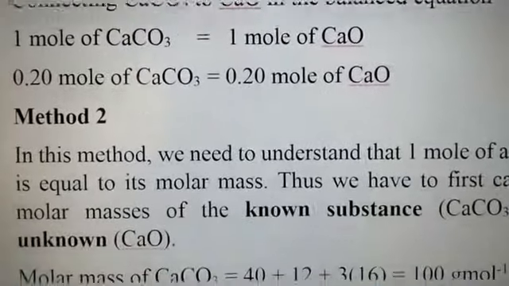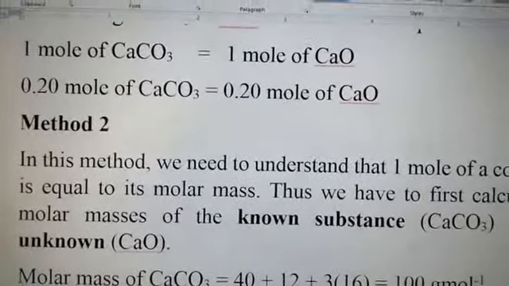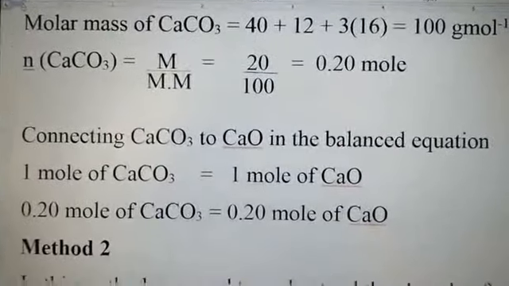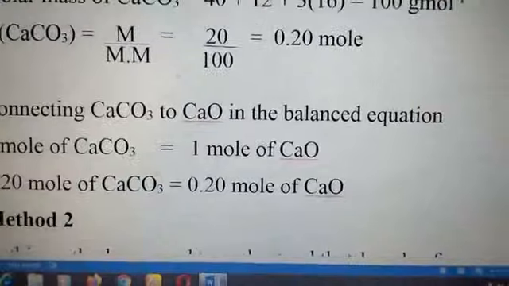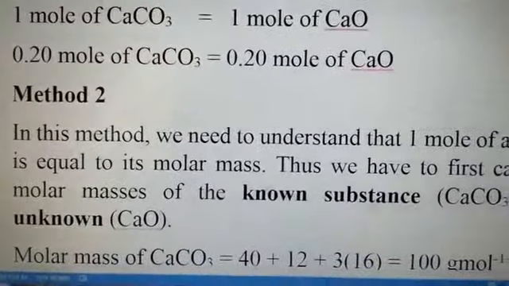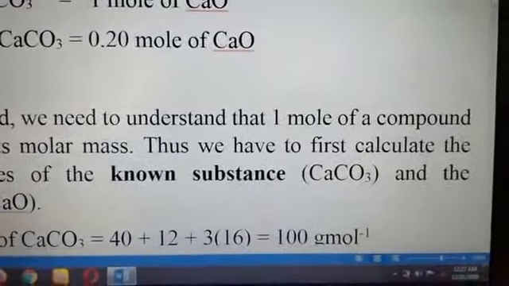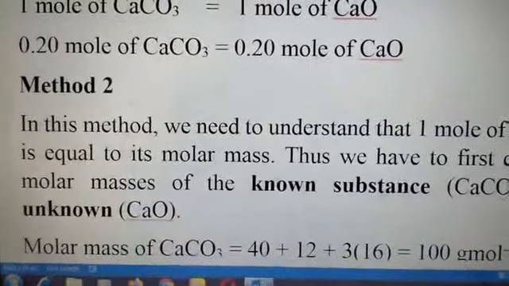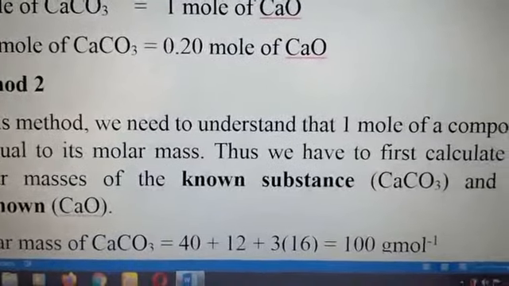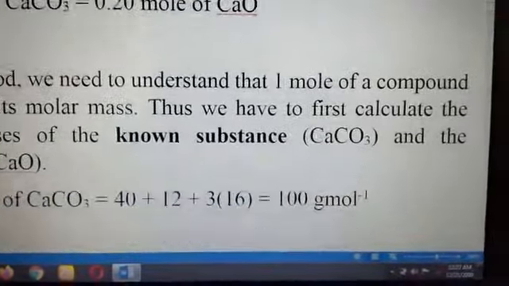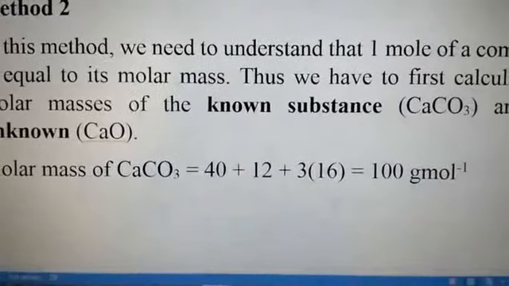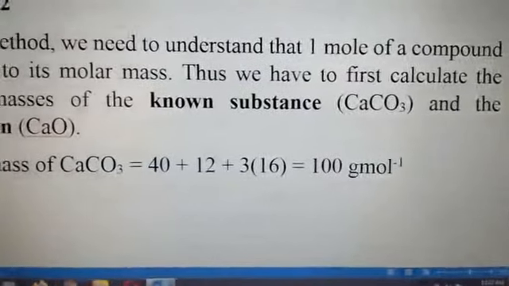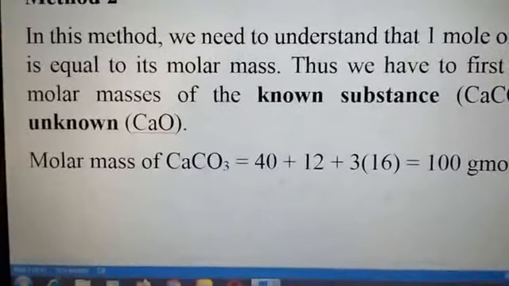Then we have another method, method 2, for solving it. In this method, we're going to convert the 1 mole of carbonate and 1 mole of oxide to masses. We need to understand that 1 mole of a compound is equal to its molar mass. Thus, we first calculate the molar mass of the known substance, calcium carbonate, and that of the unknown substance, calcium oxide.